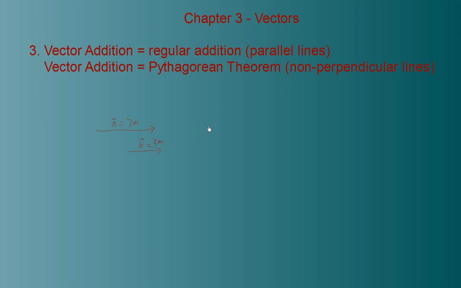If they're parallel, you can just do A vector plus B vector equals 7 meters plus 3 meters equals 10 meters. Literally, you can take this and just stick it here and add them together. 7 plus 3 is 10. So the length of this line is 10.